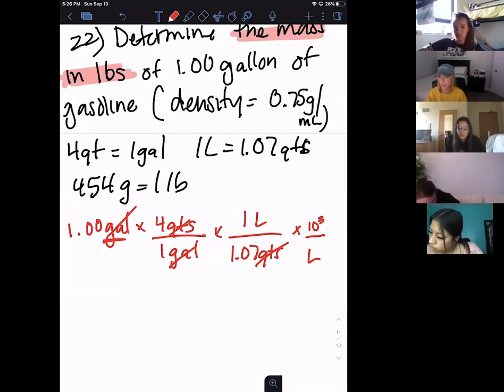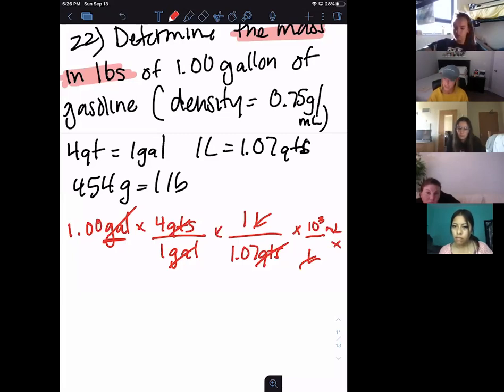This is just scientific notation, okay? Times, now we're in mils because liter and liters canceled out. Look up there at the density. You're like, well, where do I go with milliliters? Now we're in milliliters. Well, I'm telling you the density in milliliters is 0.75 grams per milliliter.